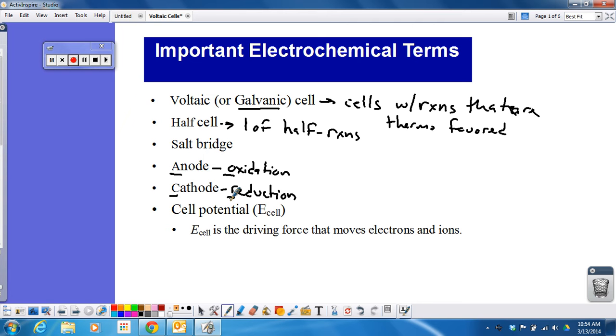Okay. So once I set this whole thing up and I get a flow of electrons, I have an electrical current, and that current is called the cell potential, or E cell. Okay, E cell is technically the driving force that moves electrons and ions. It's measured in volts, which is V, so the voltage on a battery comes from the electrical potential, and really a voltaic or a galvanic cell is a battery because it produces an electrical current.